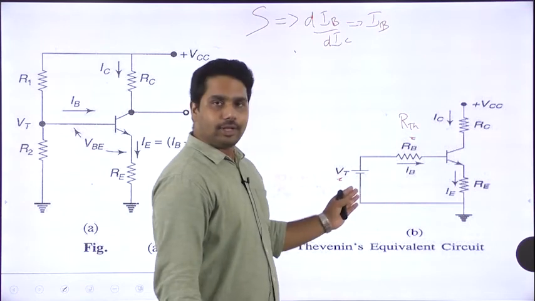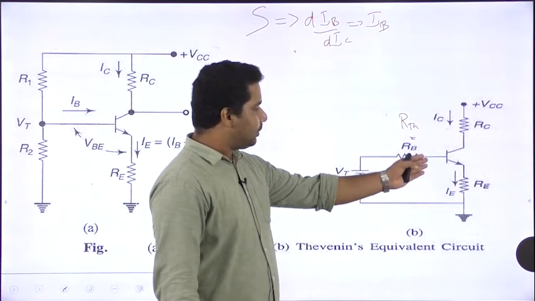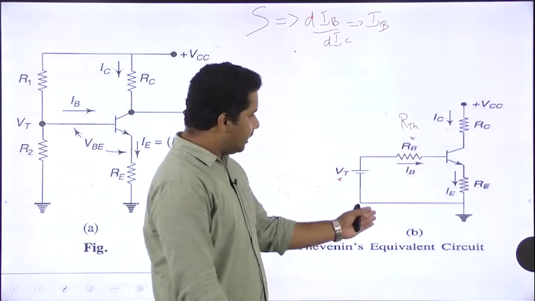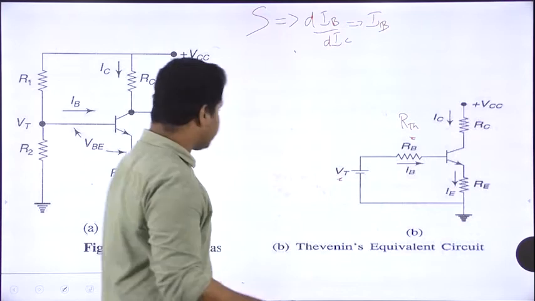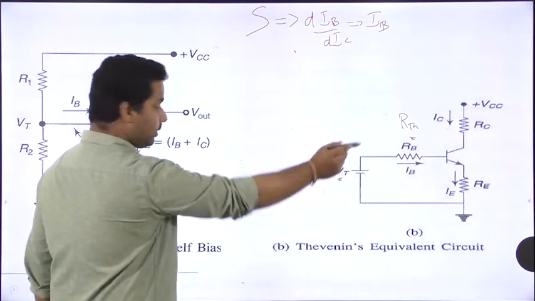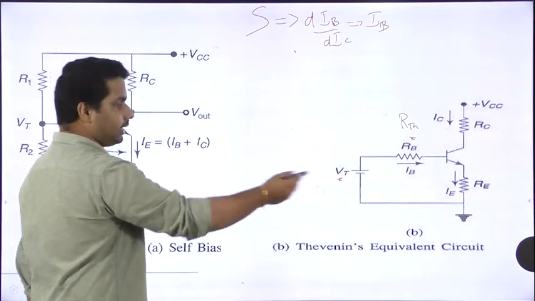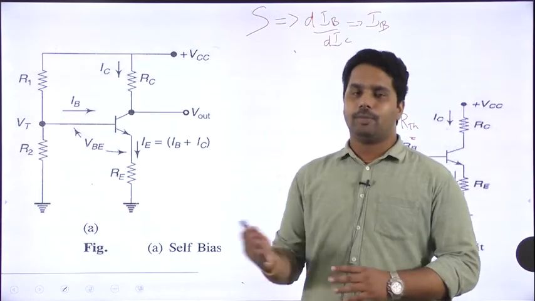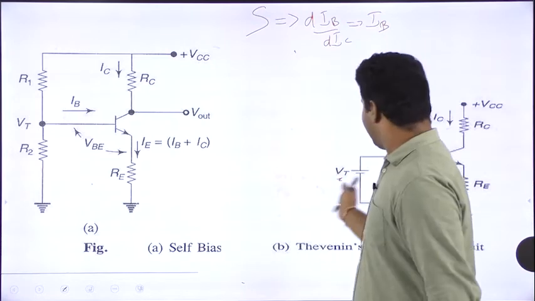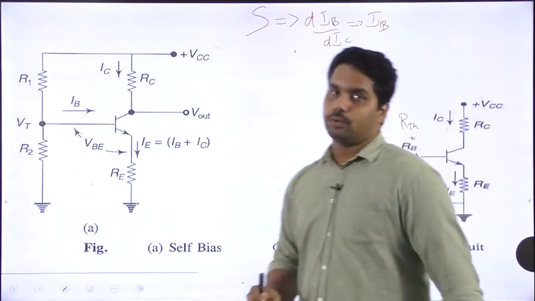And you know that this resistance will be in series with the voltage. So this is the Thevenin equivalent representation. All other things on the output side remain the same. You can see the RC resistance there, then the RE resistance there. Only the input side we have represented with its Thevenin equivalent circuit.